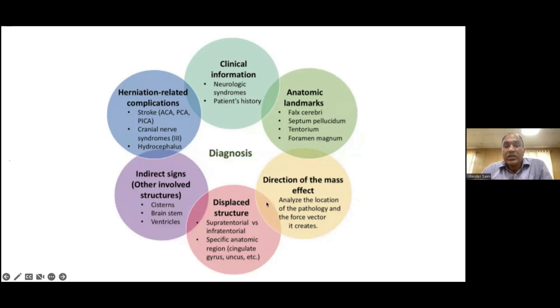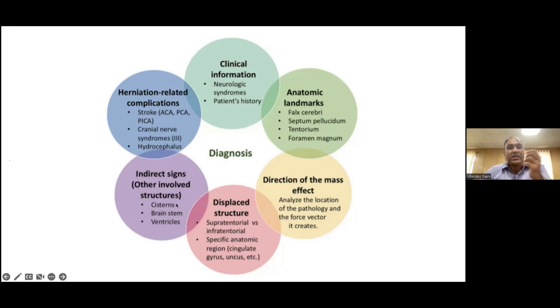What is the direction of the mass effect? Analyze the location of the pathology and in which direction the mass effect is happening. What are the structures which are getting displaced? Whether the structure is supratentorial or infratentorial, and the specific anatomical region, for example, the cingulate gyrus or uncus.